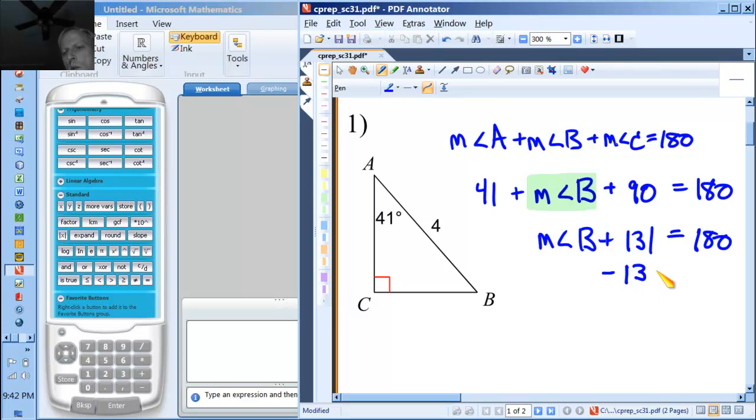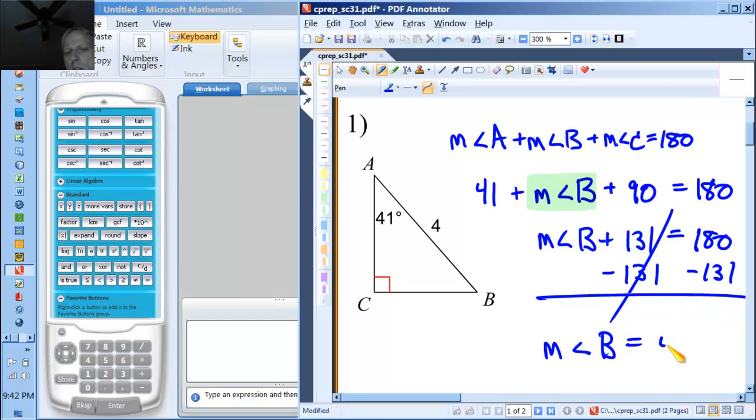I subtract 131 from both sides of the equation, and I get the measure of angle B is equal to 49 degrees.